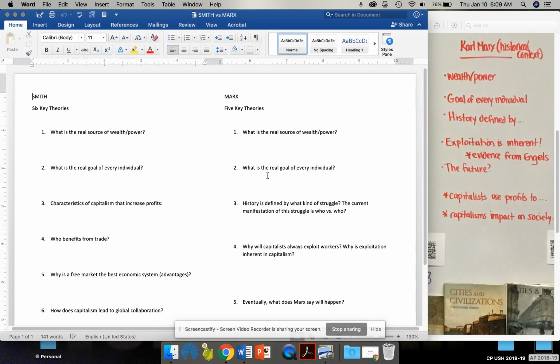Number two, what is the real goal of every individual, according to Karl Marx? Well, Adam Smith sees societies that are so much more focused on individuals, right? And we see that in England going back even to not Hobbes, but Locke. Remember what Locke said the purpose of government was: to protect people's stuff. I'm going to agree to this government thing because I, the individual, want you, the government, to protect my stuff.